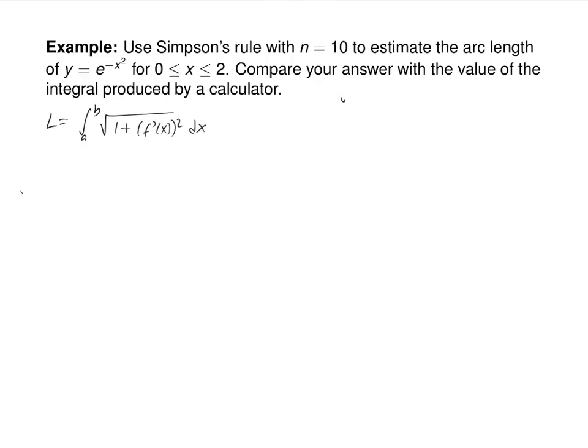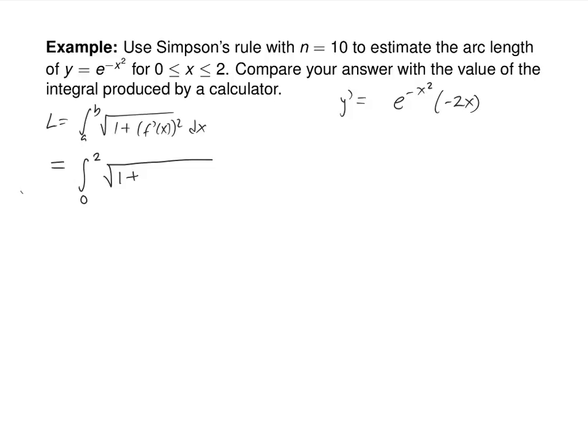So what is f prime or y prime in this case? What rule do you have to use to get the derivative? Chain. So the derivative of e to the negative x squared is e to the negative x squared times negative 2x. So that becomes the integral from 0 to 2 of root 1 plus, what do you get when you square it?